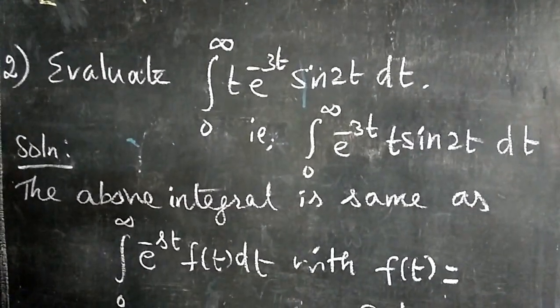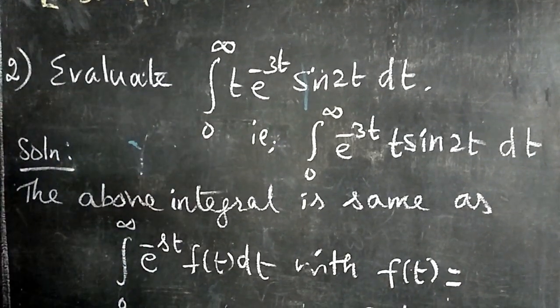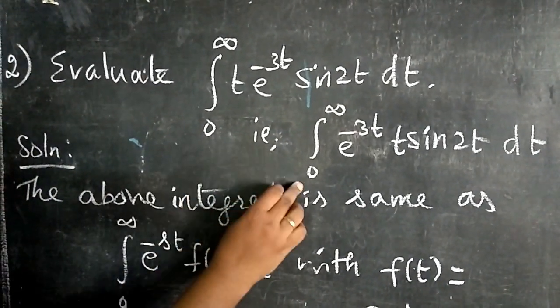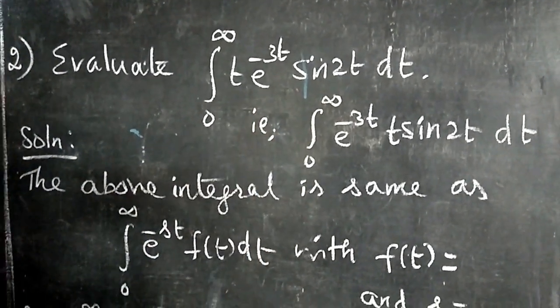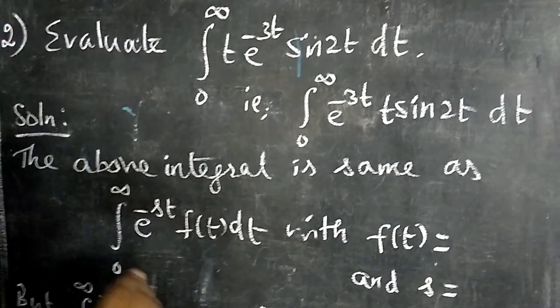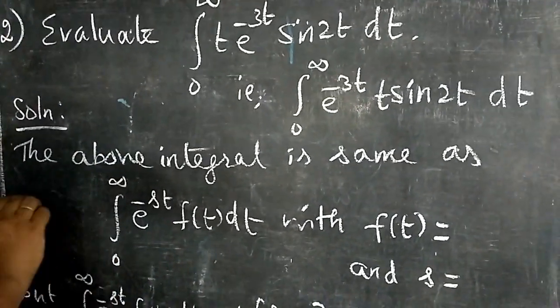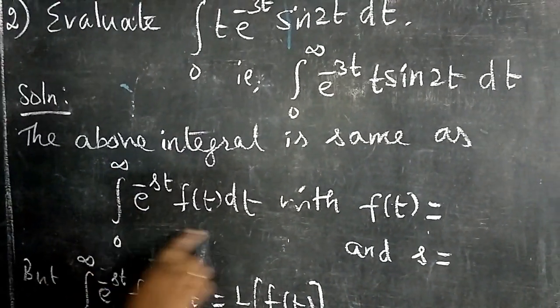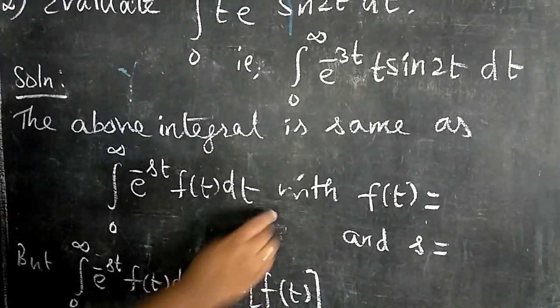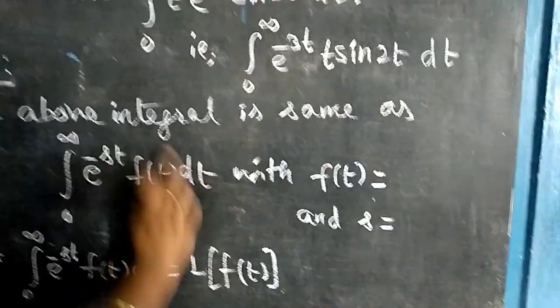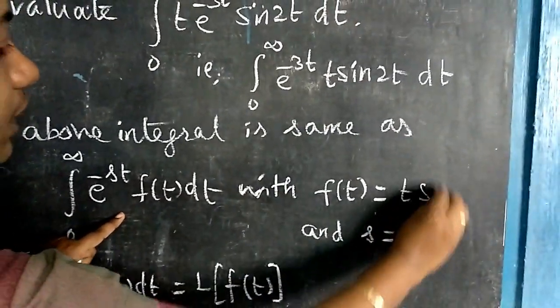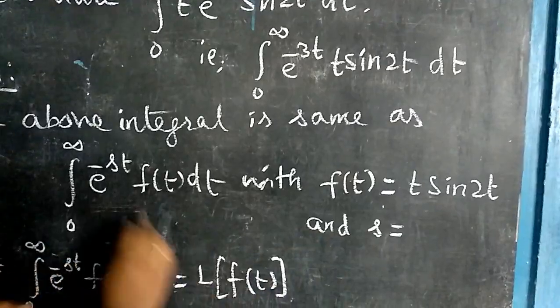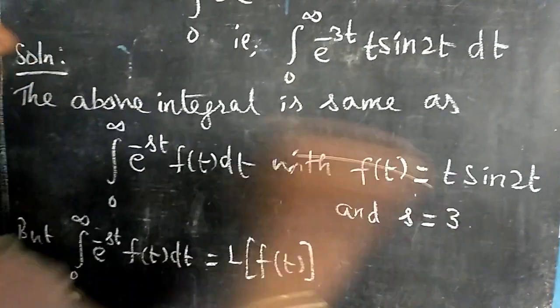Problem number 2. Evaluate the integral from 0 to infinity of e power minus 3t t sin 2t dt. The above integral is the same as the integral from 0 to infinity of e power minus st f of t dt, with f of t equal to t sin 2t and s equal to 3.